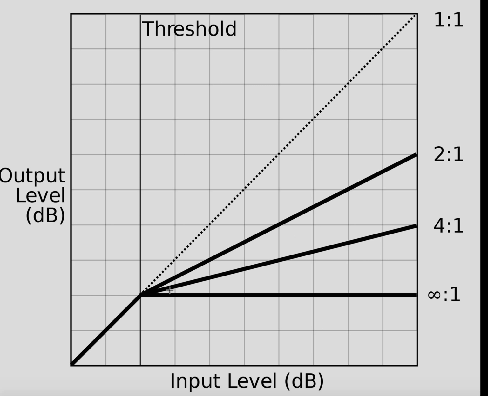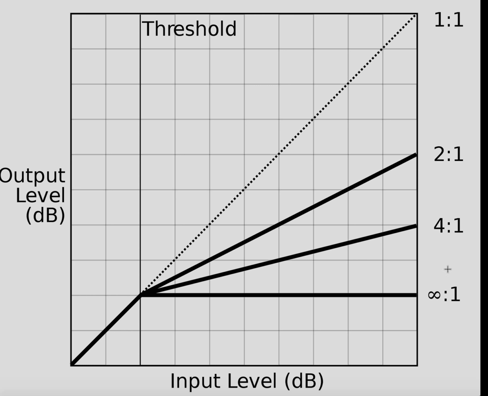It goes on to show us a 4-to-1 compression ratio, which is obviously it's going to take off 4 decibels of gain for every 1 decibel increase in input level. Okay?